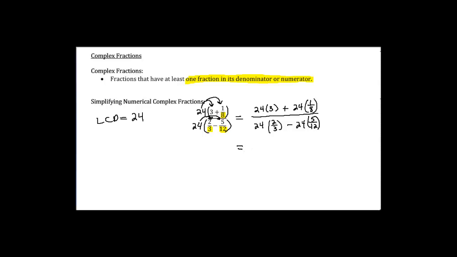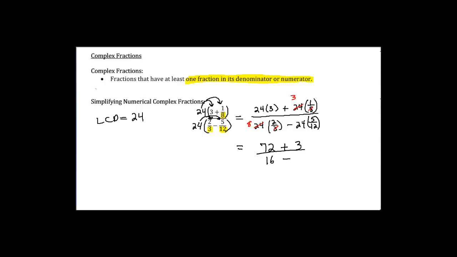Now, some very nice things happen here. 24 times 3 is 72. But with the 8 and 24, 8 goes into 24 3 times, and so we're left with 3. 3 goes into 24 8 times, so we're left with 8 times 2, which is 16.